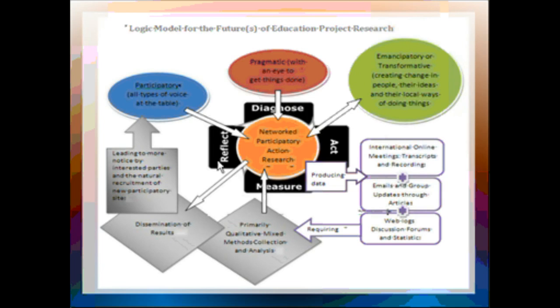We go through a participatory action research cycle, which produces data along the way, right here, between the act and measurement components. Those data we take into this kind of methodology, disseminating the results, reflecting upon it, and leading us back into another cycle. So even the most complex can be drawn out this way.